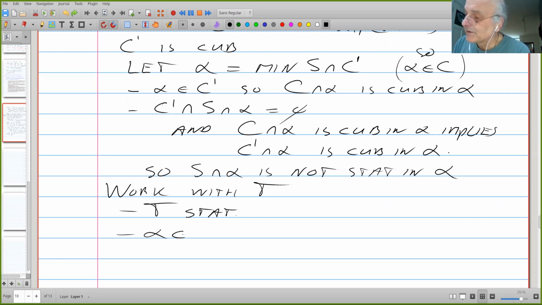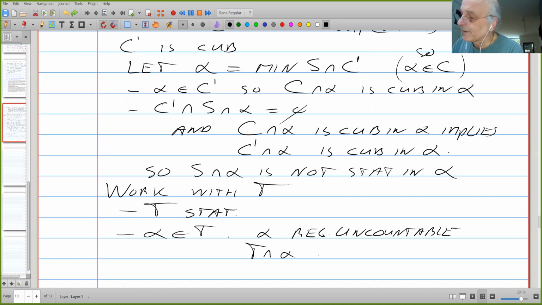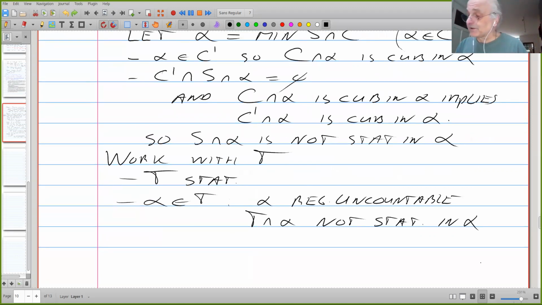If alpha is in T, then alpha is regular uncountable, and T intersect alpha is not stationary in alpha. For every member of T, T intersect alpha is not stationary in alpha because it's a subset of S intersect alpha. So what do we do?